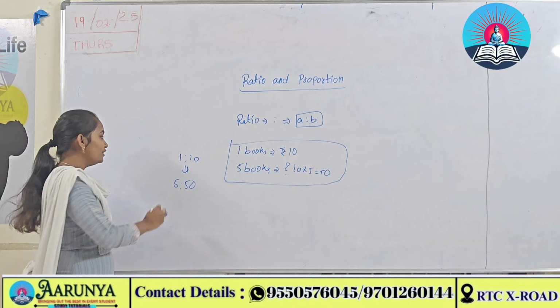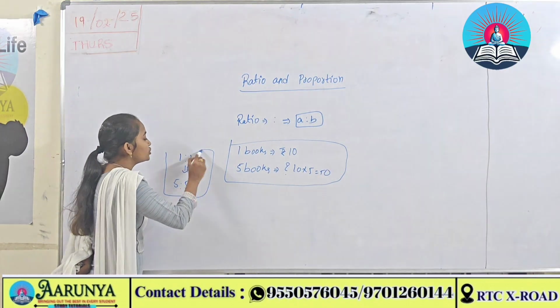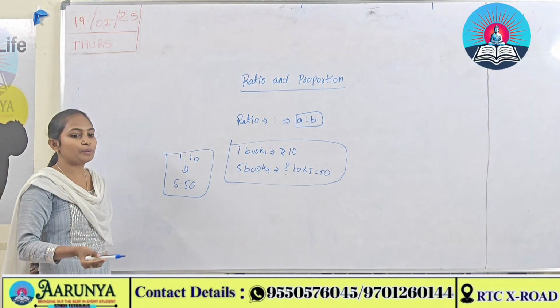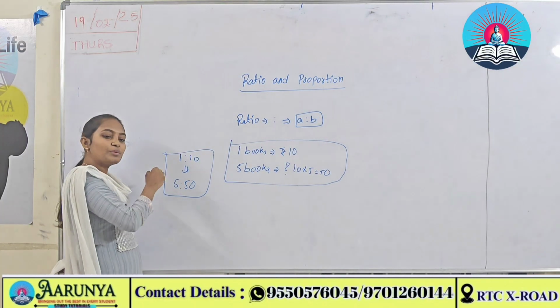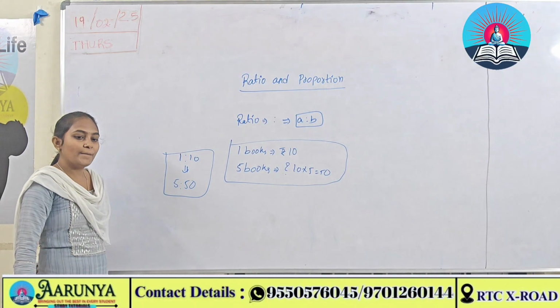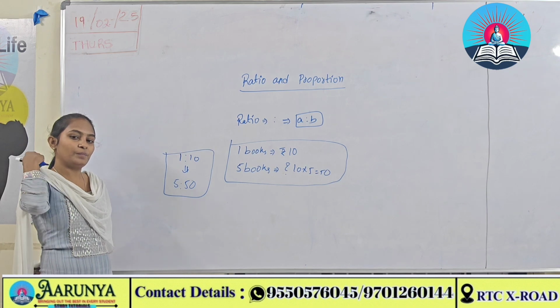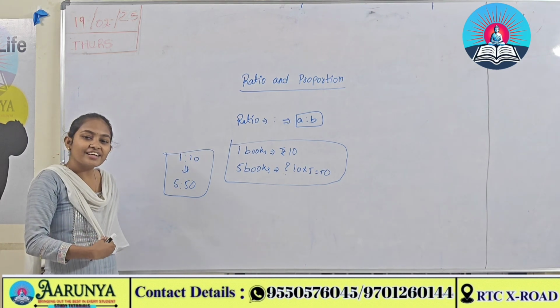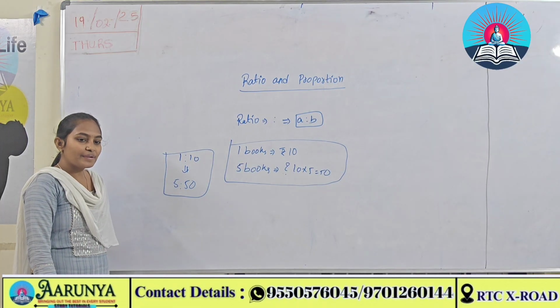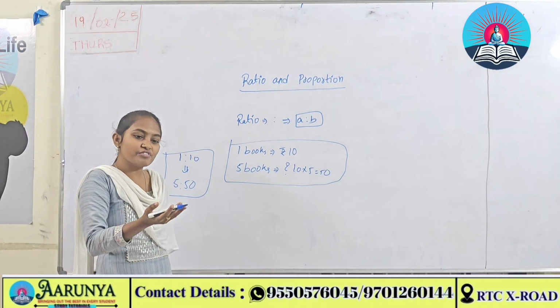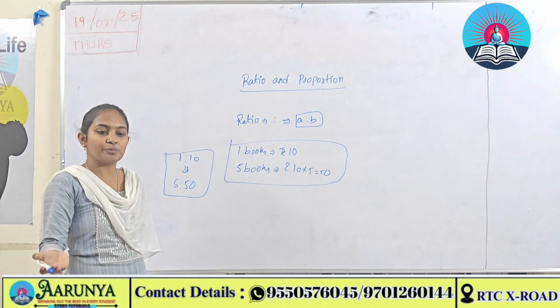When two ratios are the same, we can call it a proportion. Proportion means ratio; when ratios are equal, we can write it as a proportion.